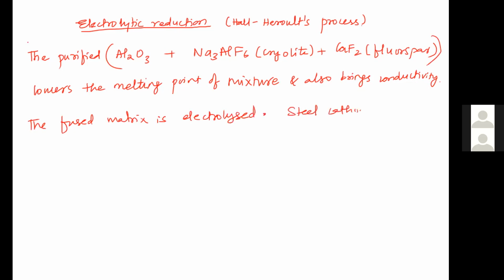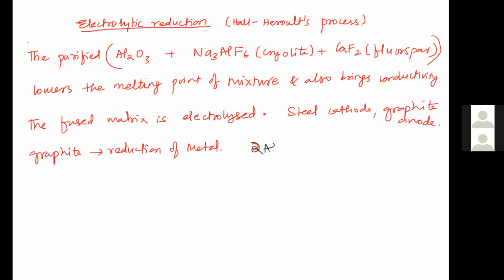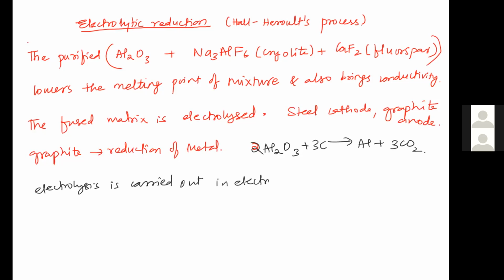Steel cathode and graphite anode are used. So graphite is used in reduction of metal. The overall reaction would be: the electrolysis is carried out in electrolytic cell with carbon electrodes.